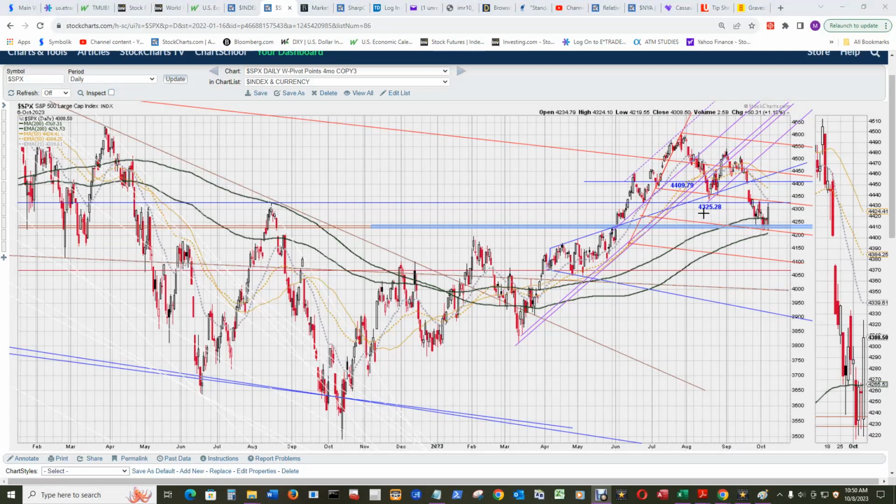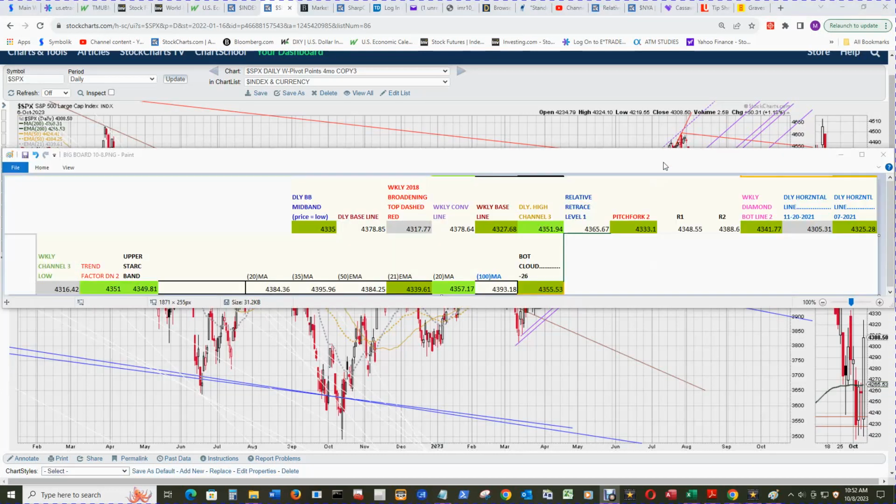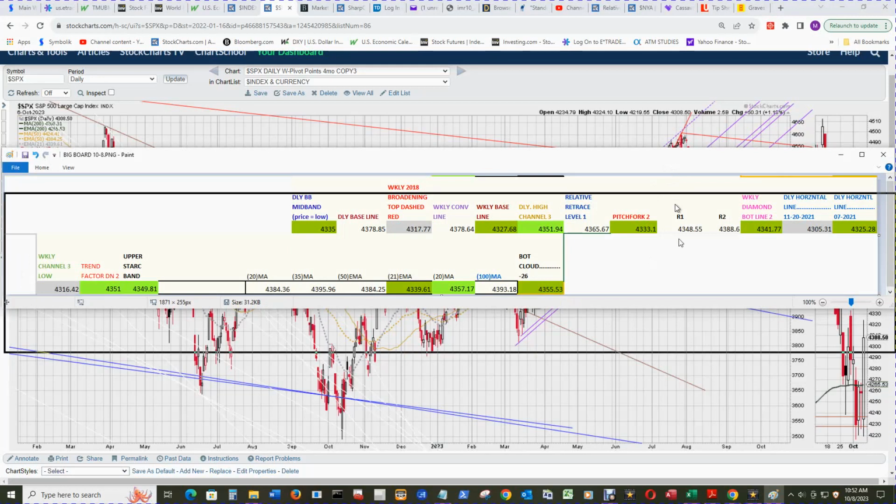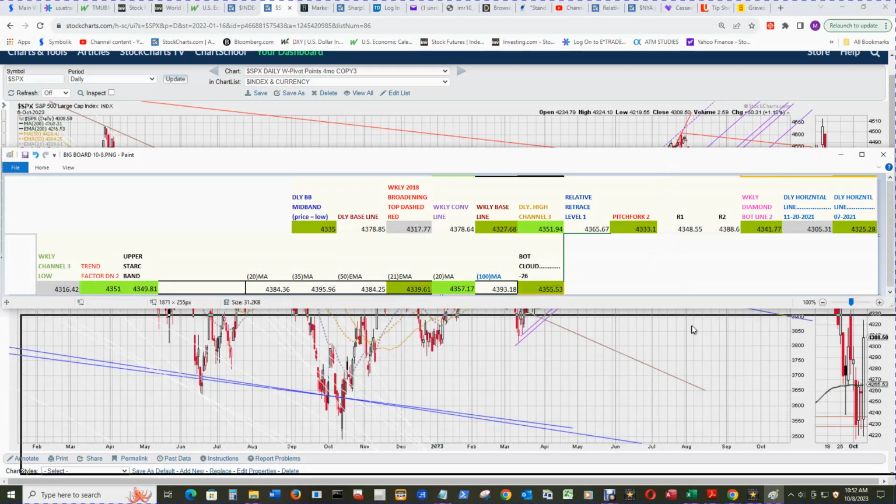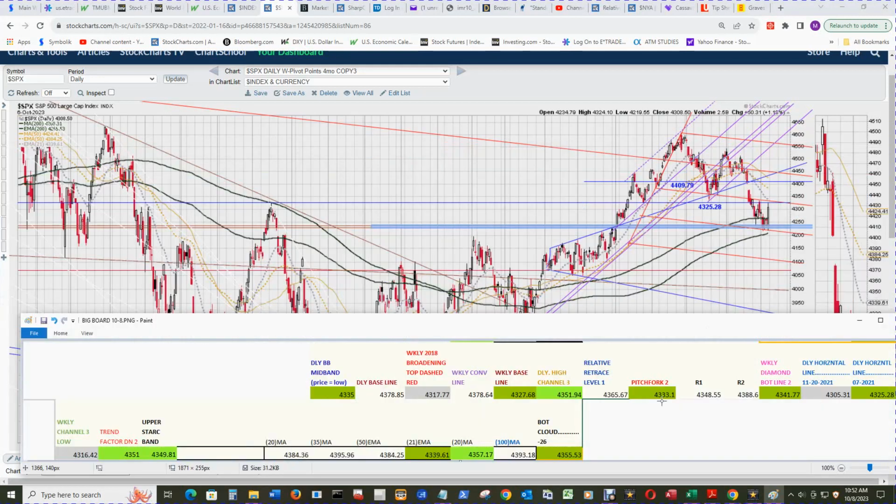And that's anything above 4325.28. And this pitchfork level 2 here, it starts up here as 4, 3, 2, 1, and this is the 0 line down here. So pitchfork level 2, its level is at 4333.10.